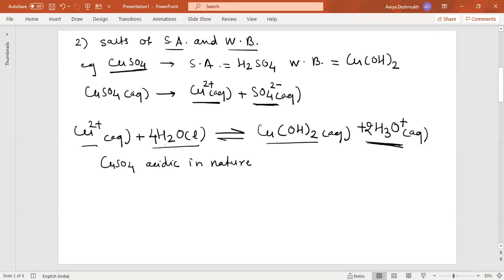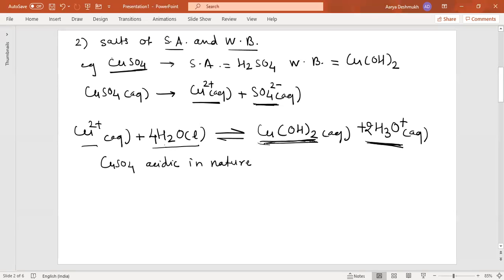Now the copper hydroxide which is forming in this reaction is sparingly soluble, means it is not readily soluble. It dissolves to a small extent in water by hydrolysis. This makes the solution turbid. Whenever copper sulfate solid or the crystal of copper sulfate is dissolved in water, it forms a little bit of turbidity.